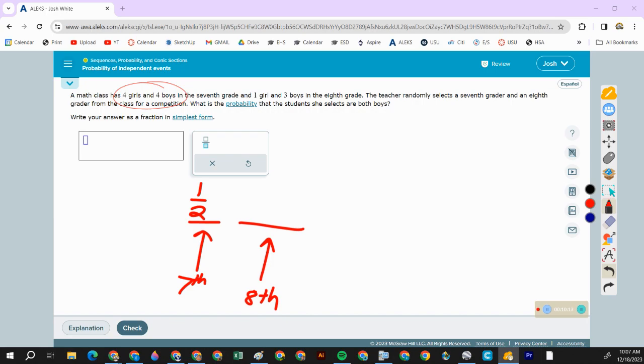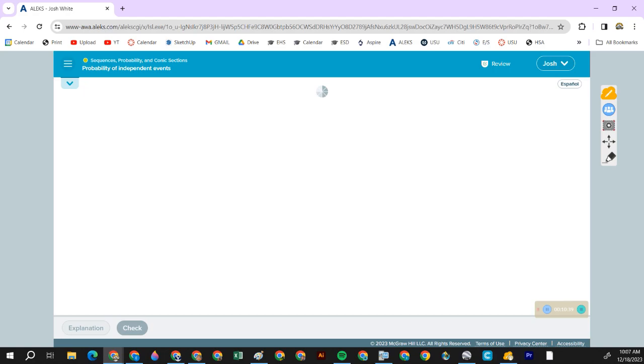No, they don't. So our second choice is going to be among those. What is the probability of getting a boy? 3 out of 4. We times those together and we get 3/8. So you have a 3/8 chance of getting a boy in both selections. Okay, let's do another one of those.